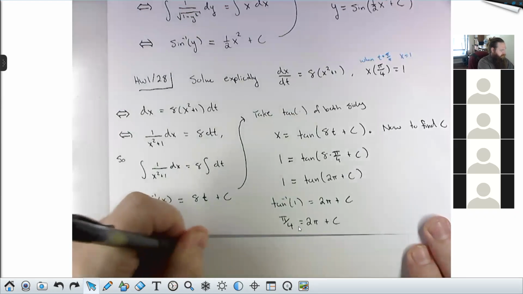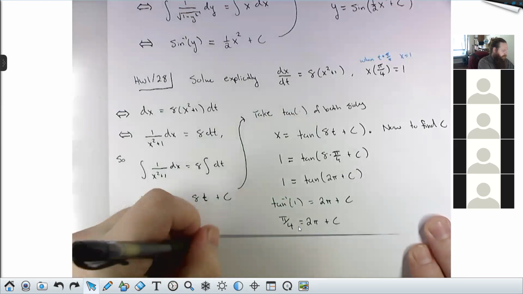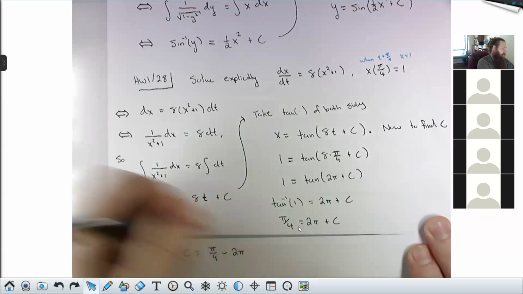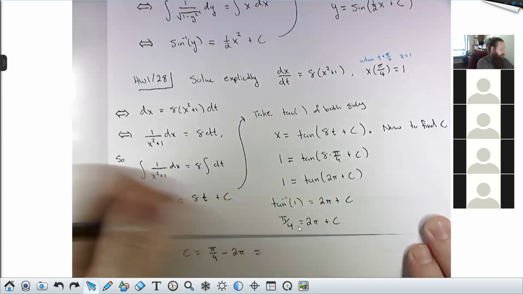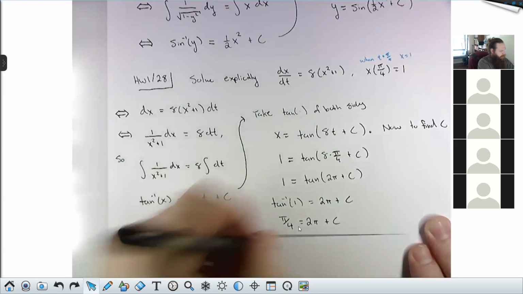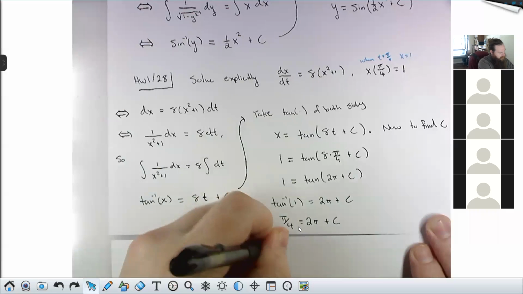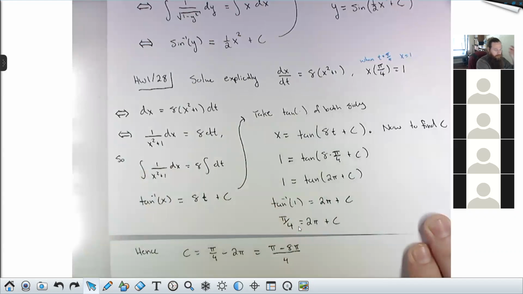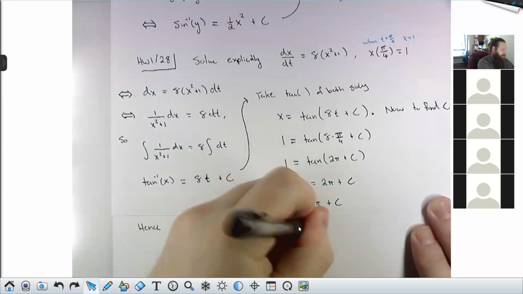Hence, c is equal to pi over 4 minus 2 pi, which is pi over 4 minus 8 pi over 4, or pi minus 8 pi over 4, which is negative 7 pi over 4.